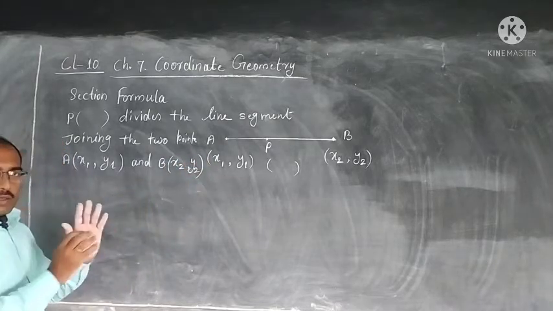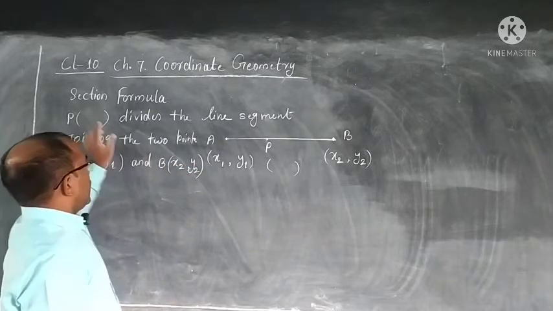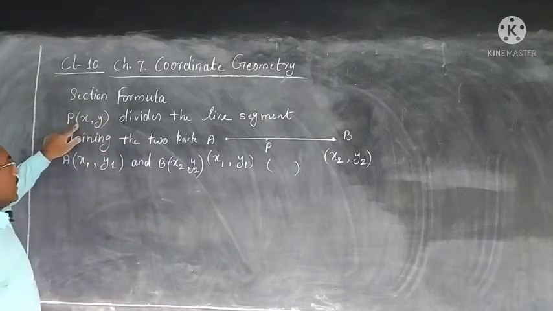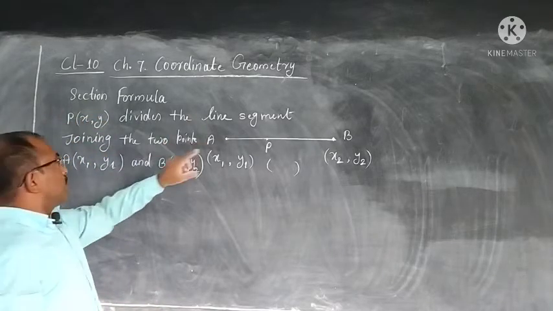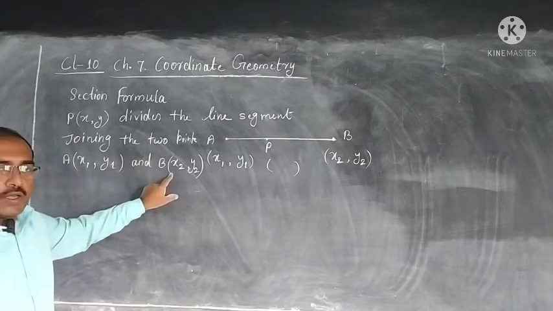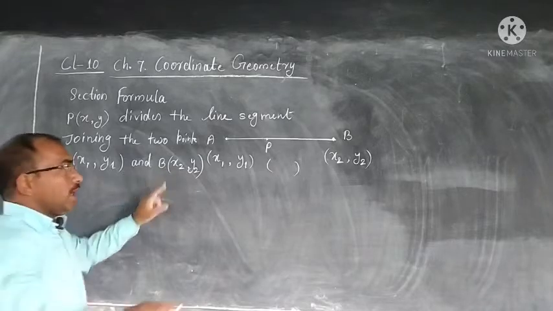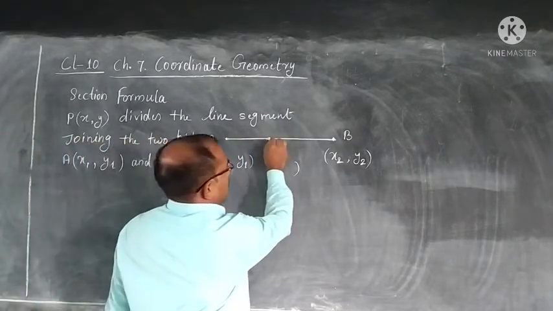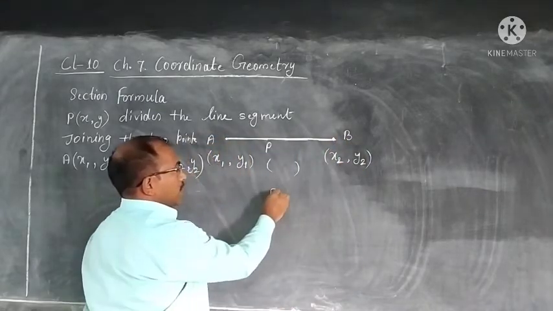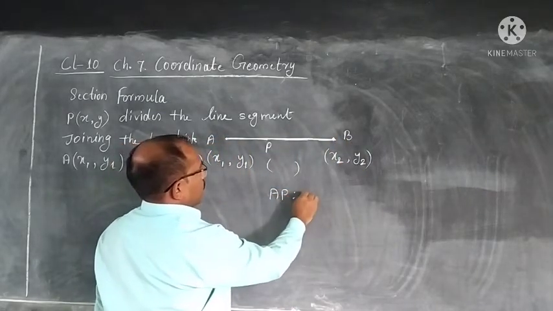This is what is happening here. A line, a point P, its coordinates say x y. So, P divides the line segment joining the 2 points A x1 y1 and B x2 y2 in a ratio. That means, it will be a part AP is to PB, or we can say AP ratio PB.